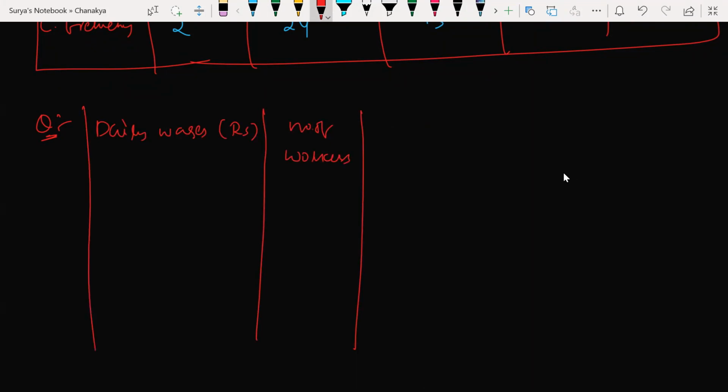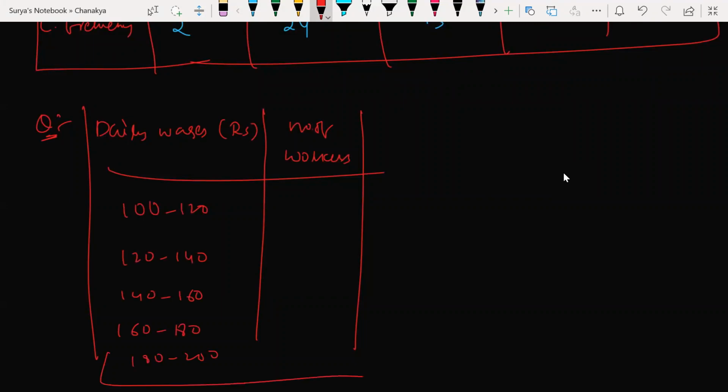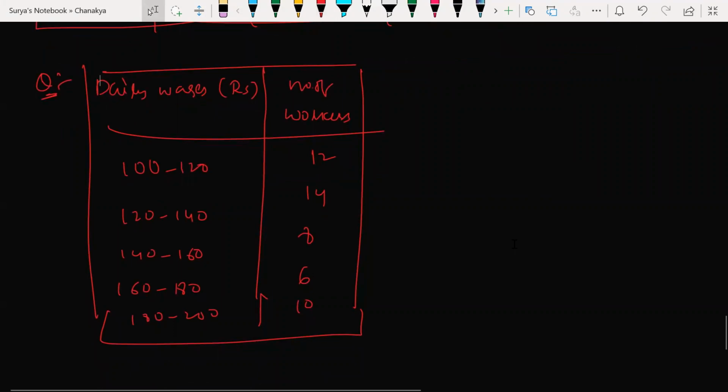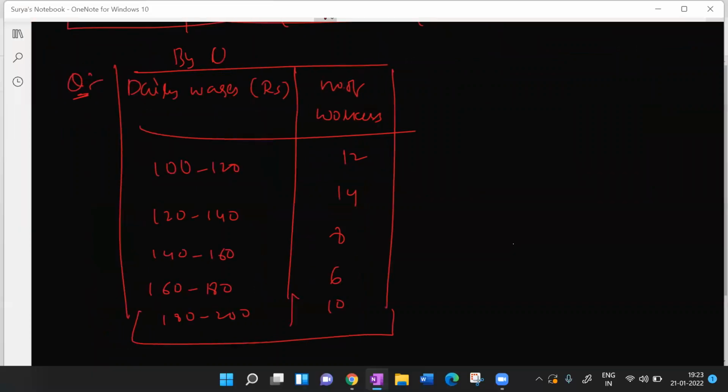Classes: 100 to 120, 120 to 140, 140 to 160, 160 to 180, 180 to 200. Number of workers: 12, 14, 8, 6, 10. Now what you have to find out here? Find the mean of the daily wages of the workers of the factory by using an appropriate method.